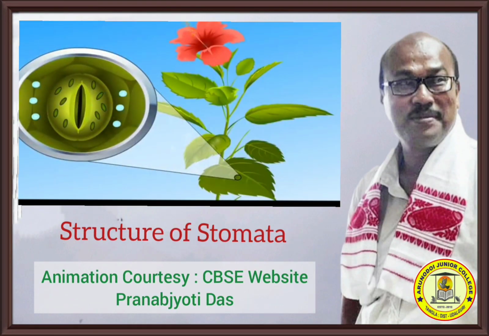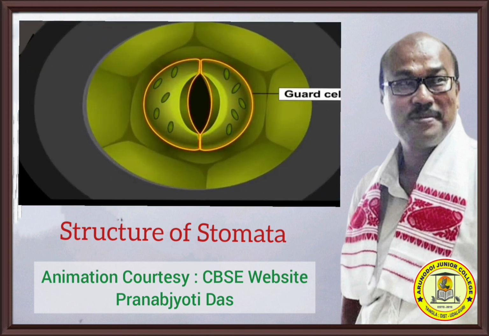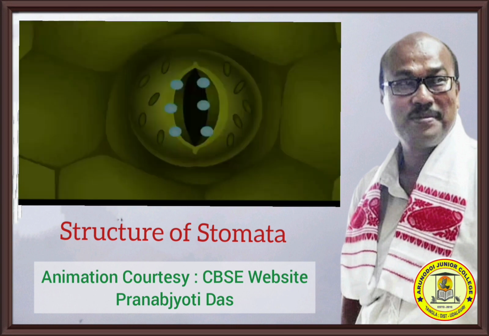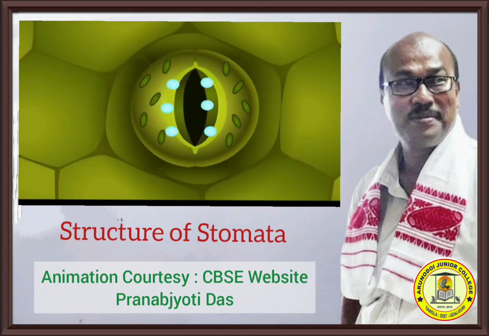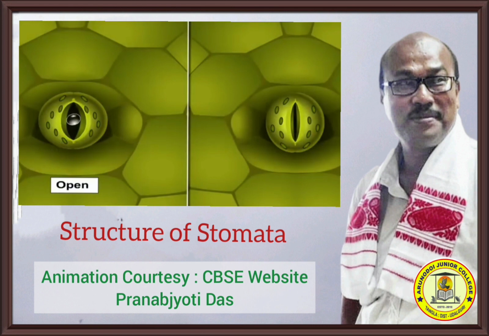Stomata. Stomata are microscopic parts consisting of two kidney-shaped guard cells. In stomatal transpiration, water vapor moves through the stomata of leaf. Mechanism of opening and closing of stomata. Transpiration occurs as long as the stomata are open.